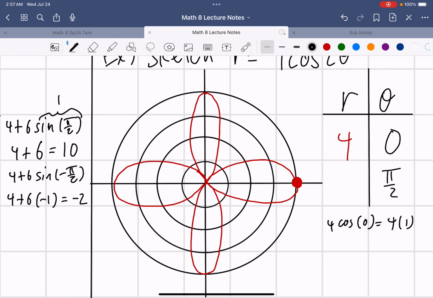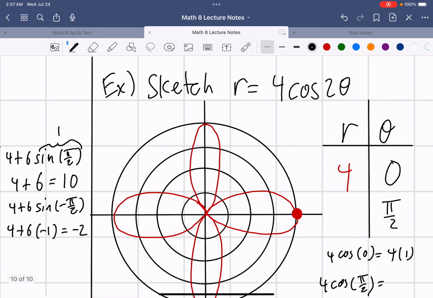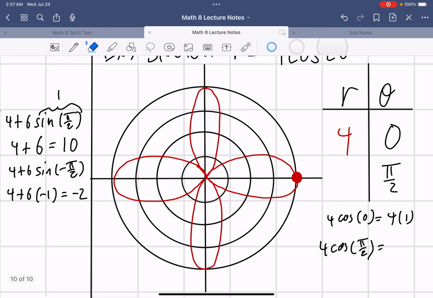Test pi over 2. And if I do 4 times cosine of pi over 2, well, that's going to give me 0. Oh, wait, what are we plugging in? Oh, I forgot my 2. Right, 2 times pi over 2.